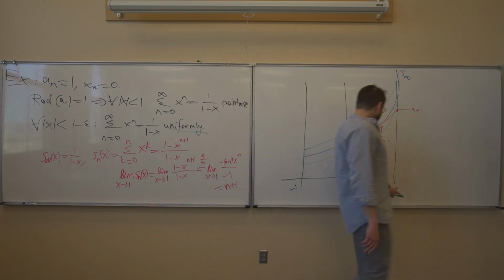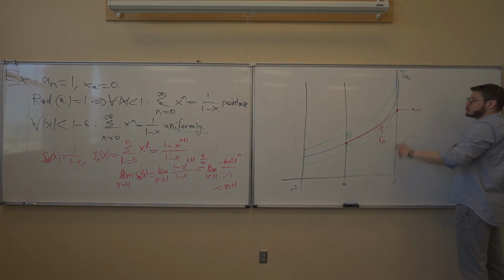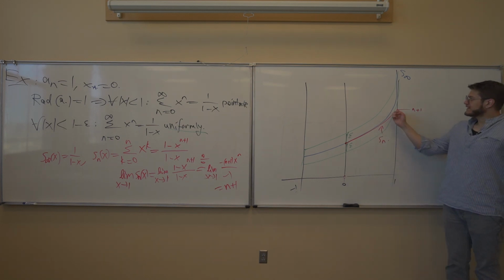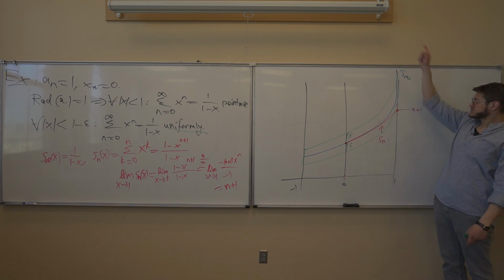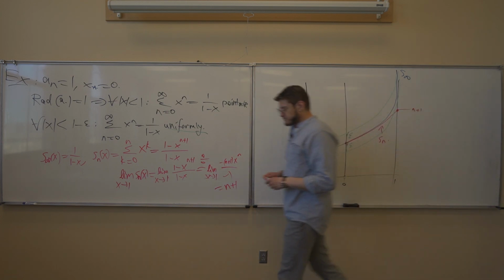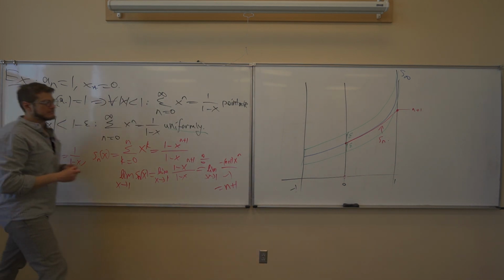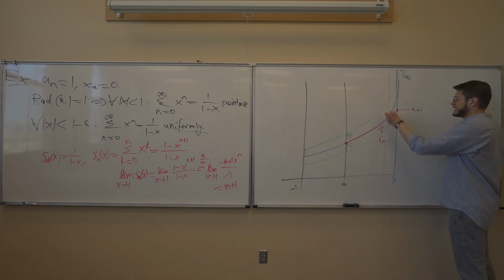But you see, if you allow x to escape to 1, then there's no way for any of these red graphs, the approximating functions, to be completely inside this epsilon strip, because it just blows up. But if I were to block x from running to 1, if I chop it off here, now everything is nice.